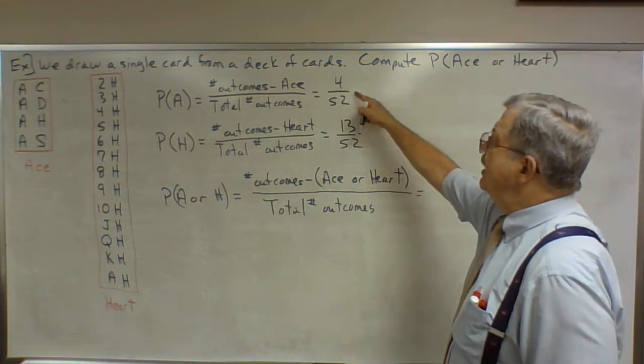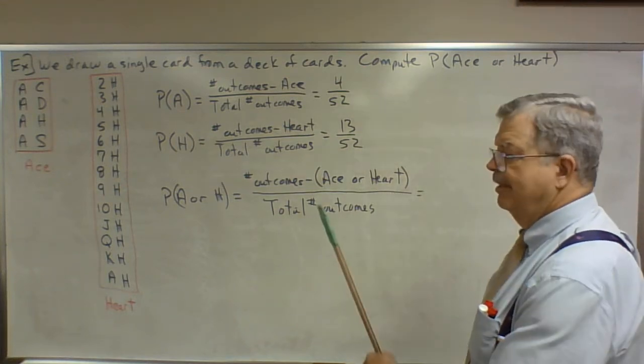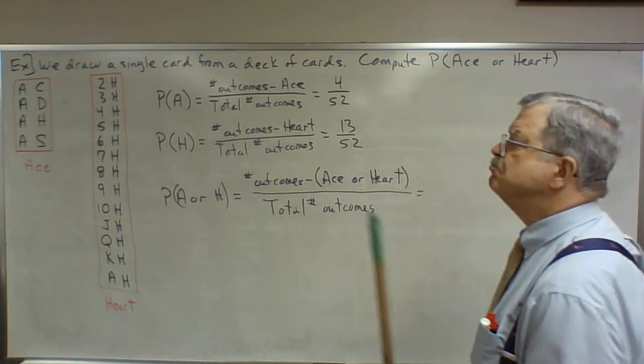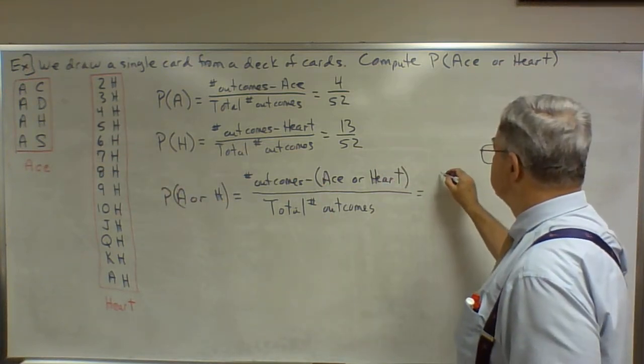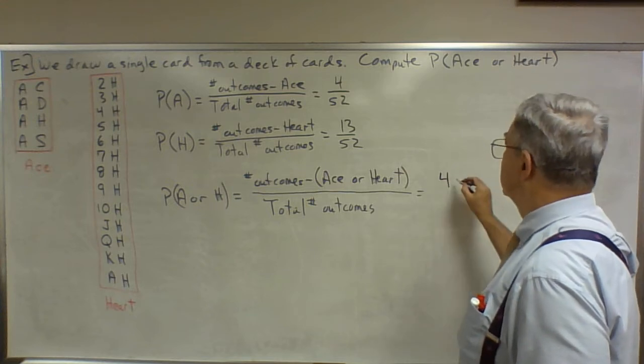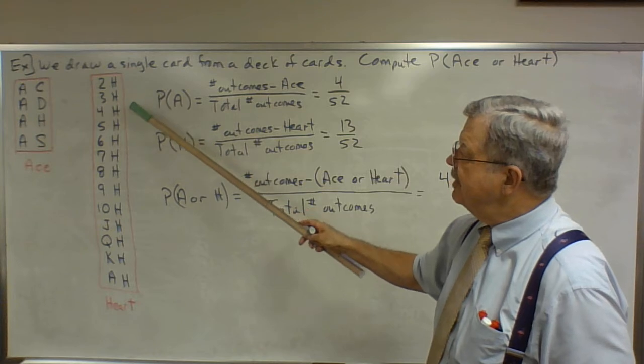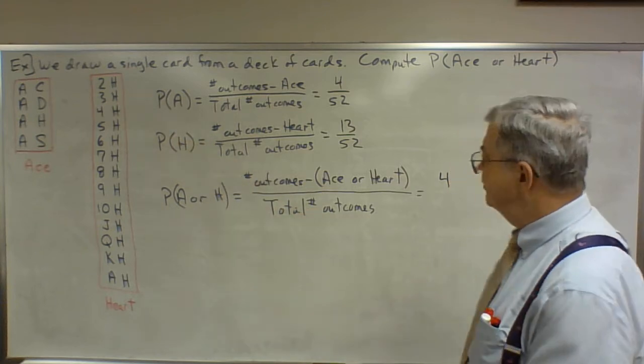Well, there are four outcomes that give us an ace. And there are 13 outcomes that give us a heart.